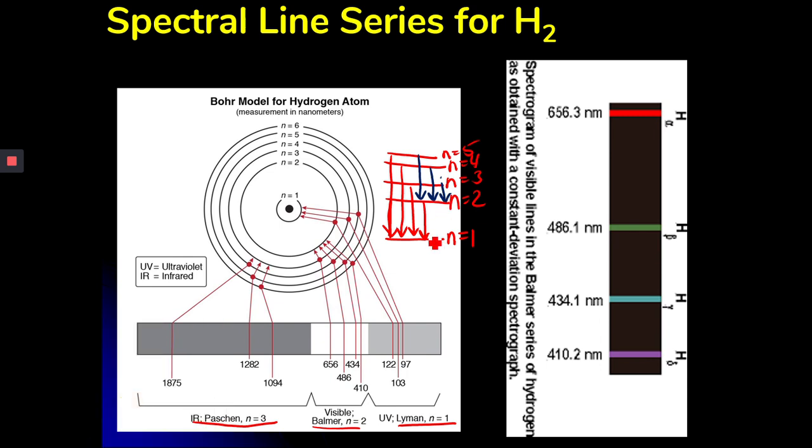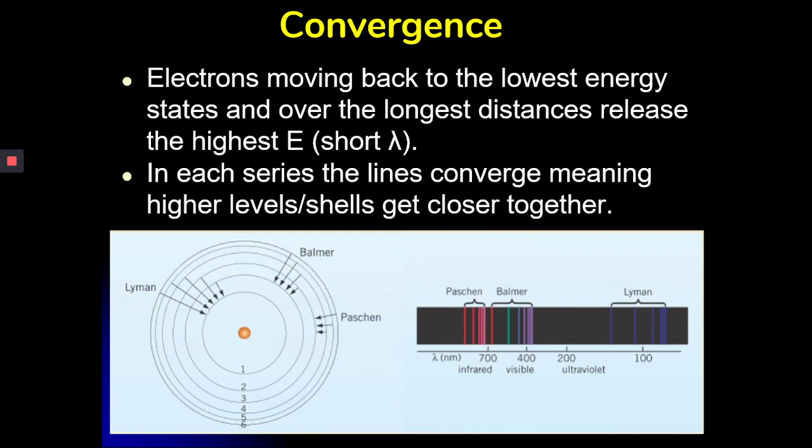Now, what hopefully you realized is that as I was drawing those energy levels, or even if we look at the circles, the distance between them starts to decrease the farther out you get. And that's what convergence means. Each series of lines converges, so the higher the energy levels are, the closer they get together.